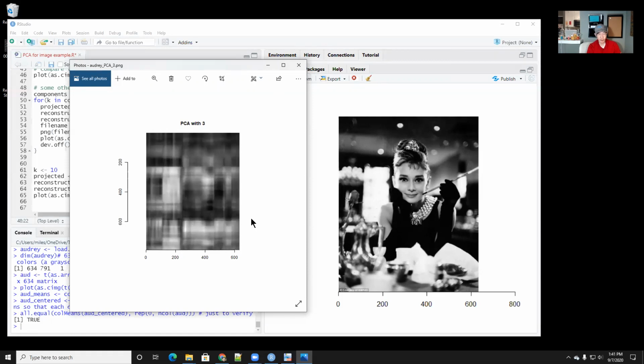With three, it's able to capture a little bit more. We're getting a little more of this area where there's darkness, and a little bit of the bright whites from these, I think it's a hanging chandelier or something.